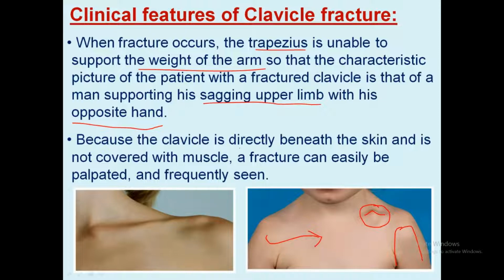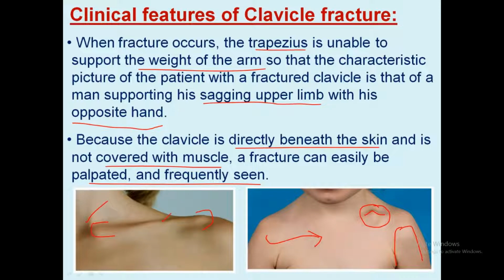Next, the clavicle is directly beneath the skin and it is not covered with a muscle. A fracture can easily be palpated and frequently seen. So, see this picture. இந்த clavicle வந்து ஈஸியா skinல இருக்கிறது தெரியும். That is, the clavicle is present directly beneath the skin.